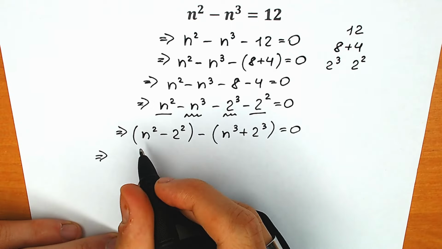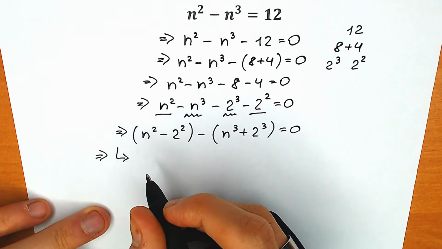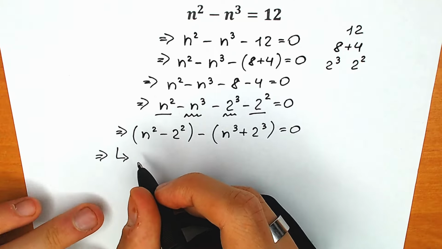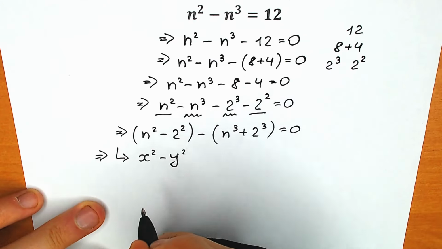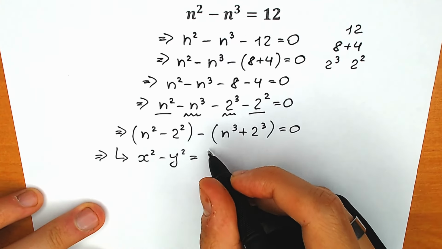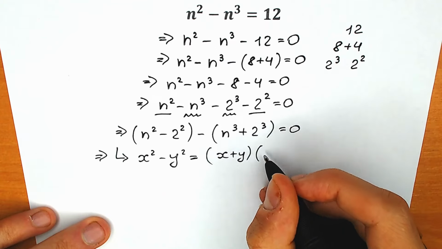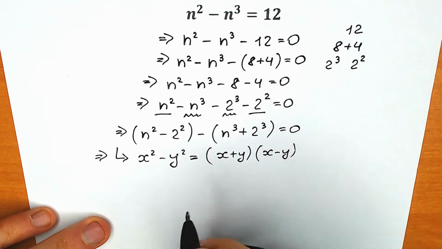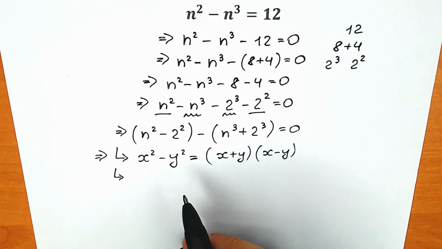First of all, let's remember the difference of 2 squares. This is a well-known formula, everyone learned it. We have x squared minus y squared, and when we want to apply the formula, we write it as x plus y times x minus y. Second formula, the sum of 2 cubes, a little different.